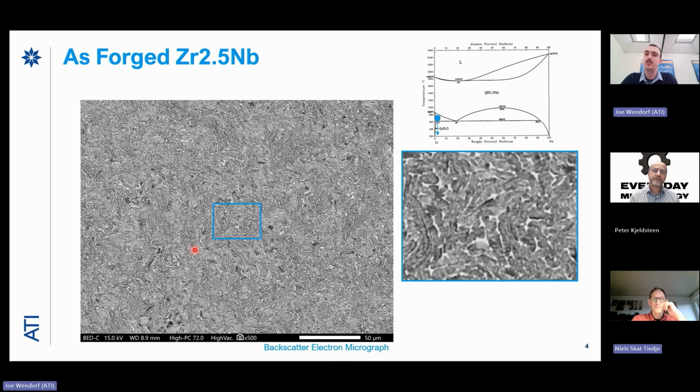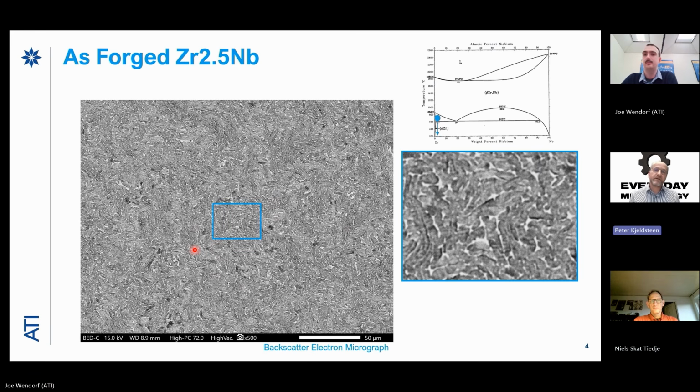If you were to cut a cross section down the length, you can see a little bit of that grain flow. These grains are elongated, out of the screen here. They are elongated, but their aspect ratio is maybe 5 to 10 as opposed to a really long elongated microstructure.